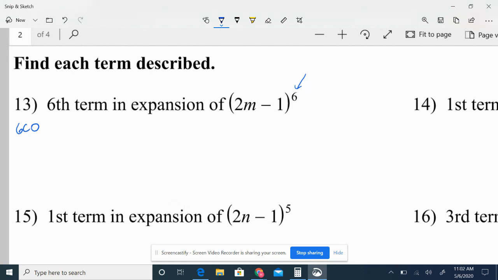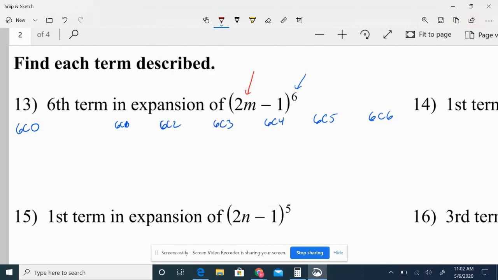Then for the second term, I'm going to do 6 choose 1, 6 choose 2, 6 choose 3, 6 choose 4, 6 choose 5, and 6 choose 6. That's going to give me 7 terms, I know. But when you expand a binomial to the 6th power, you do get 7 terms.